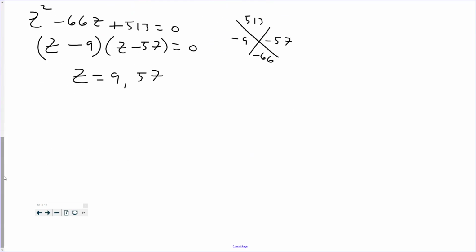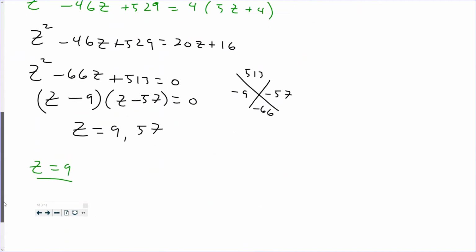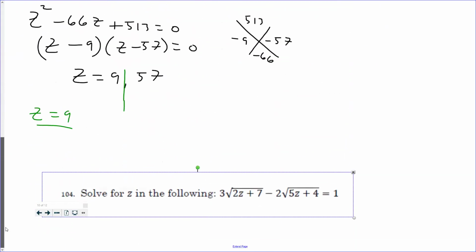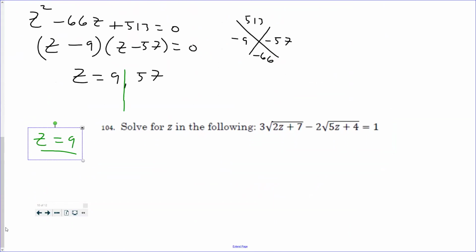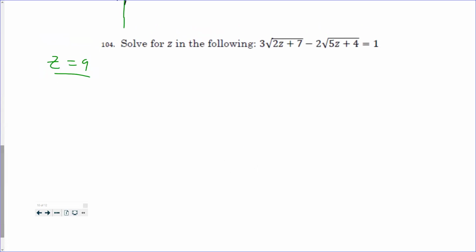So you always have to check. So when z equals 9, when you plug it in, we have 3 times the square root of 2 times 9 is 18 plus 7 minus 2 times the square root of 9 times 5 is 45 plus 4 equals 1.